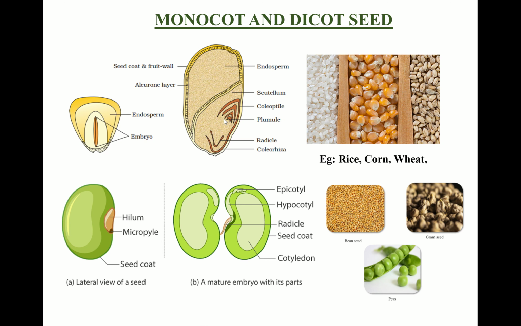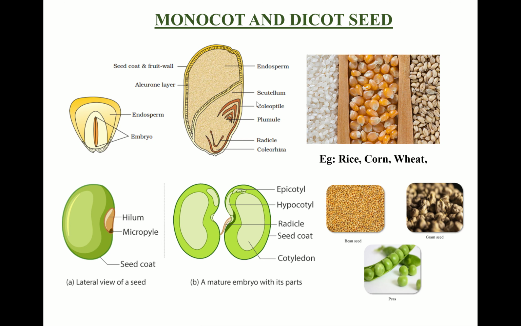So this portion is called plumule, and plumule gives rise to shoot and leaves, stem and leaves, so together it is called a shoot. Okay, and the protective layer which covers this plumule is called coleoptile.